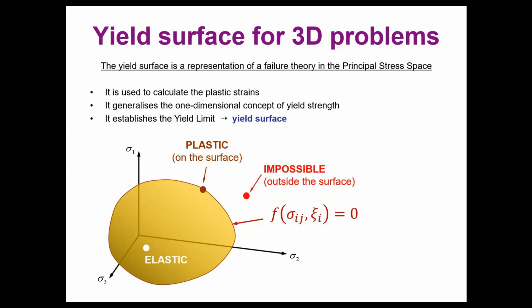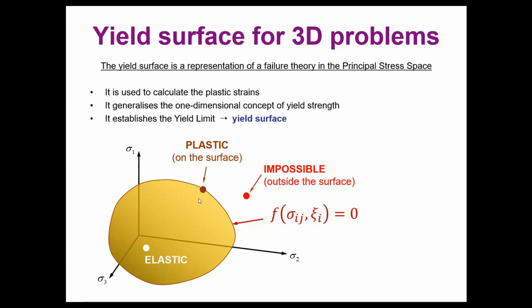And this surface is going to be able to capture hardening and softening as well. When we have hardening, this surface will be able to expand, and when we have softening, this surface will be able to contract. Because, as we said before, the mathematical condition we are going to use is that the plastic regime can occur when our state of stresses is on the surface, but cannot go beyond.